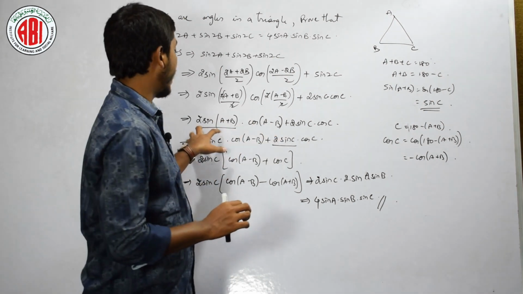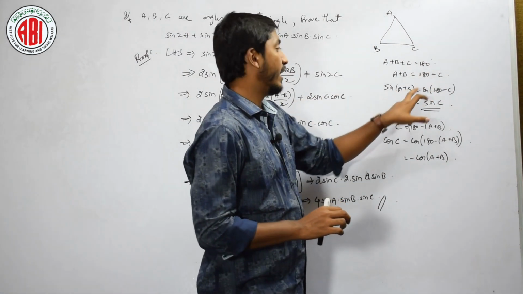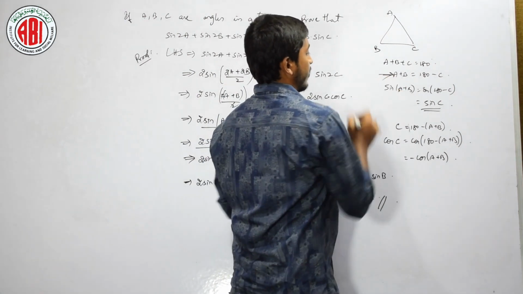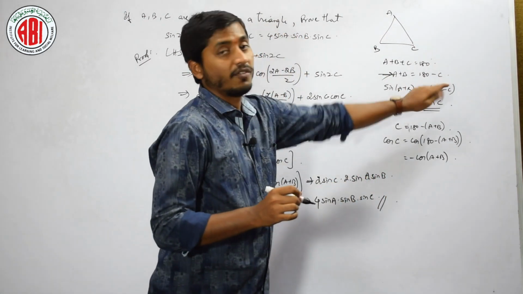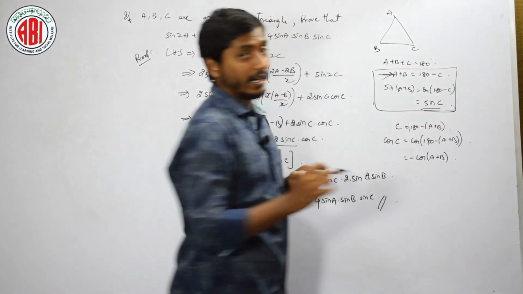Okay, then I have changed this A plus B as 180 minus C, where here sin of (A plus B) is equal to sin of (180 minus C), this is the first thing I have used, do not get confused.